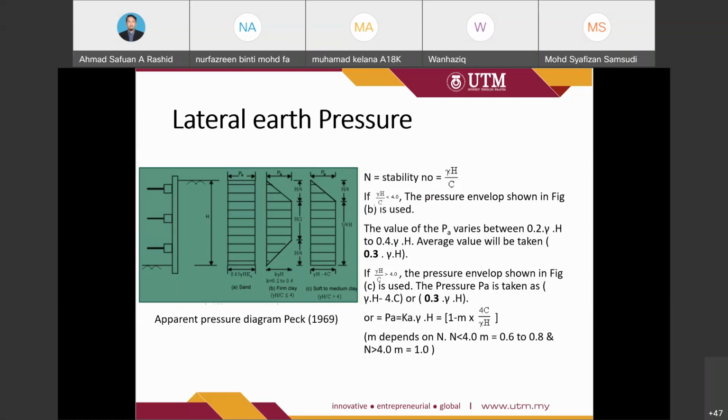So, for example, for the clay, we need to check the stability number.